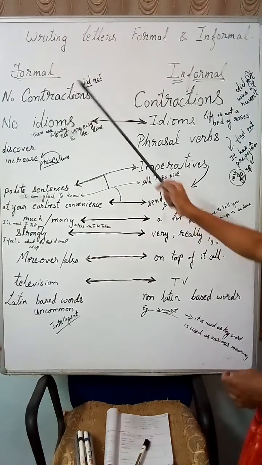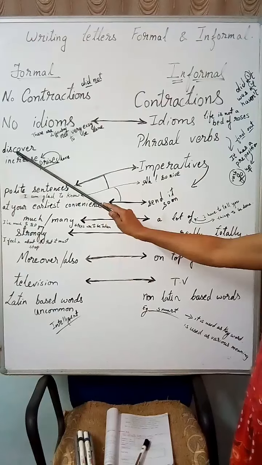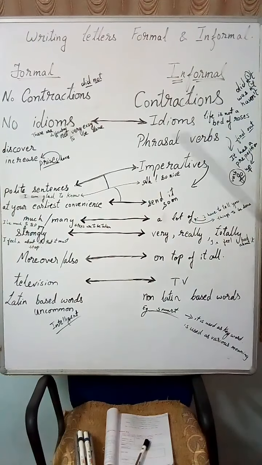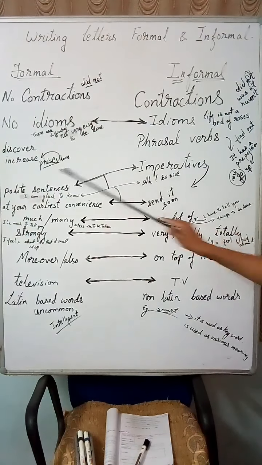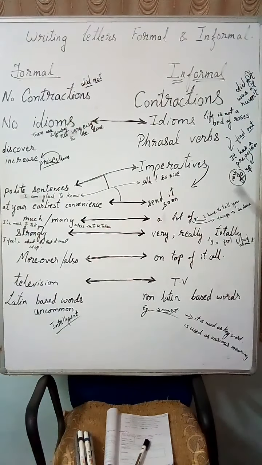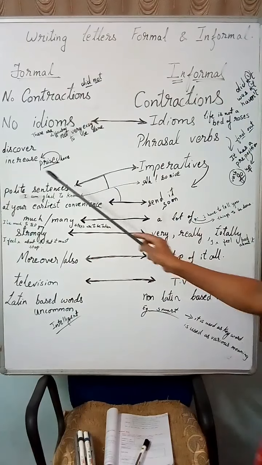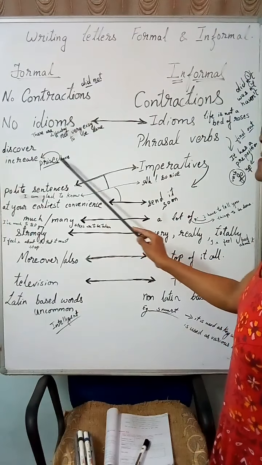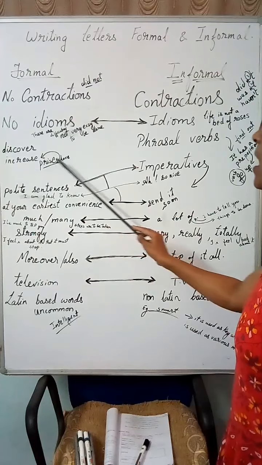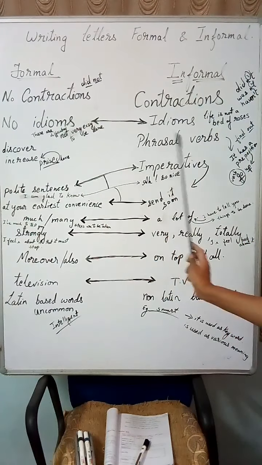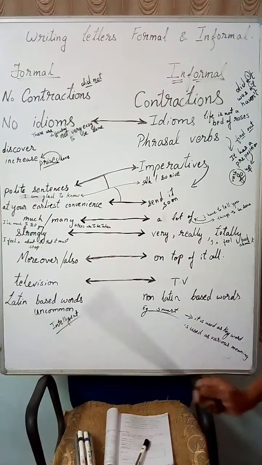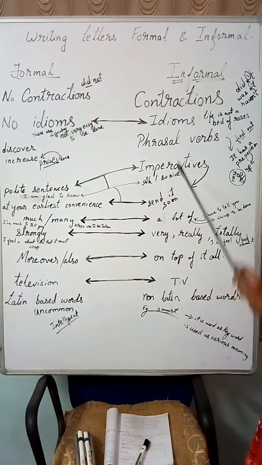But while writing to your boss or some other person, instead of find out, you have to write discover. Instead of go up, increase. Like if you are writing that prices are going up day by day, here you have to write prices have increased, they are increasing, like this. So this difference you will have to keep in mind while writing the two different letters.